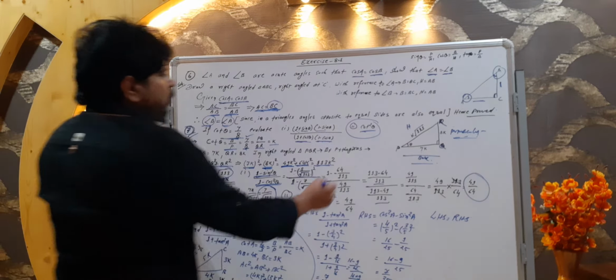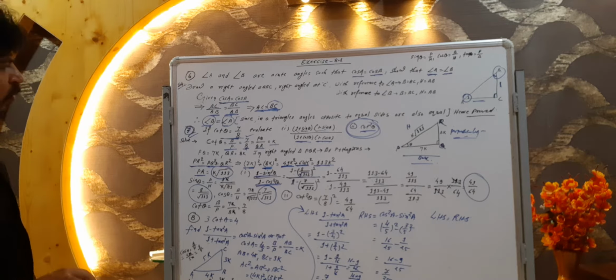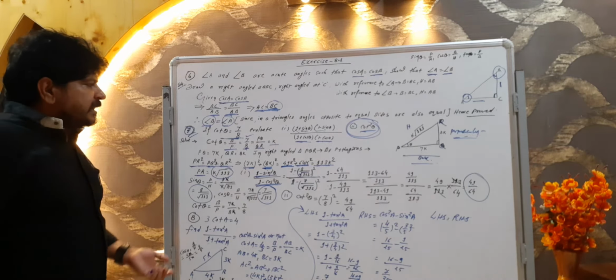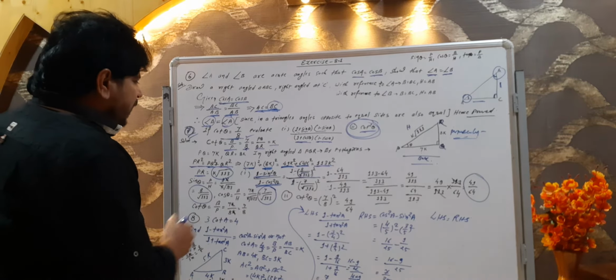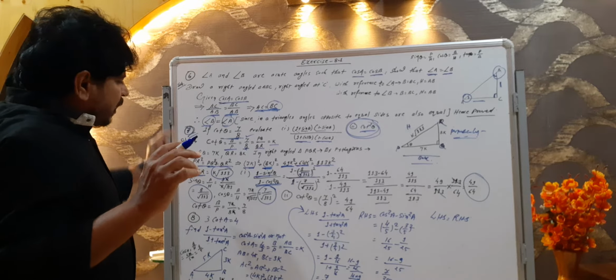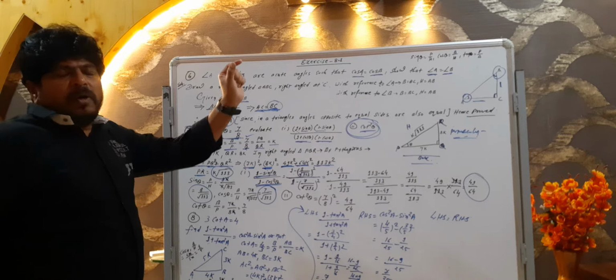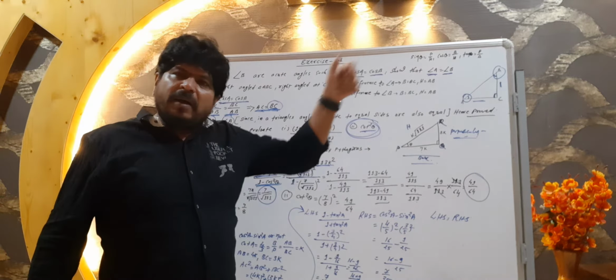Now second, we have to find out cot square theta. If you want to find cot square theta, nothing else is needed; we have to put in its value directly, then we will get the answer. You know that tan theta is equal to perpendicular upon base, so cot theta would be base upon perpendicular.